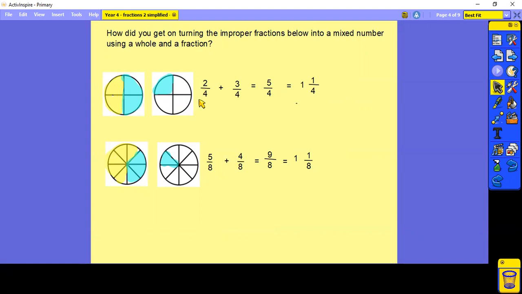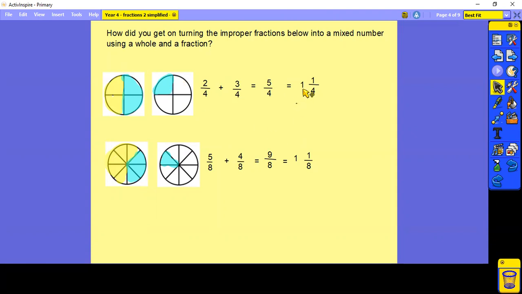So this first one here was 2/4 add 3/4. So you can see here, here's the 2/4, here's the 3/4. It's an improper fraction, it equals 5/4, but when we look, if we're going to use a mixed number, we've got one of the circles is whole, and then there is 1/4 left over.